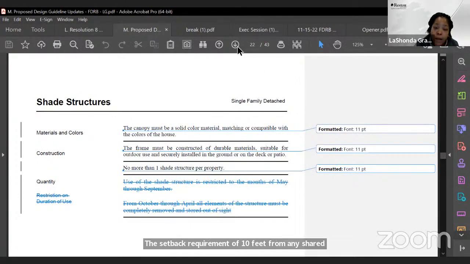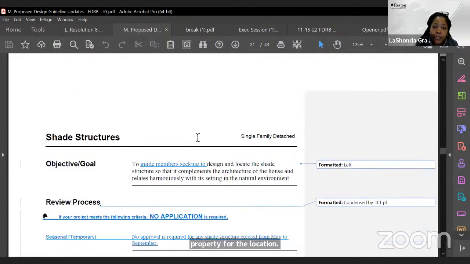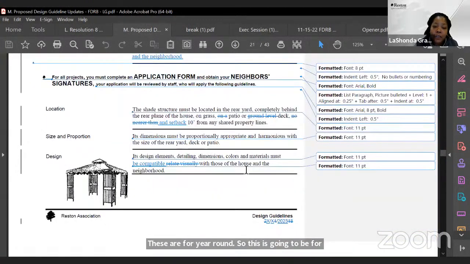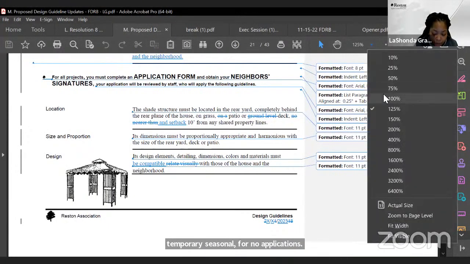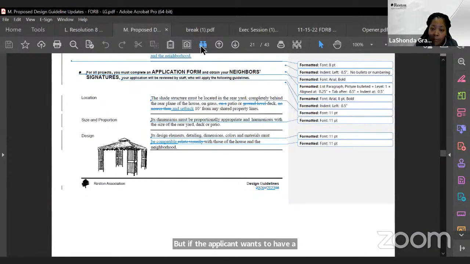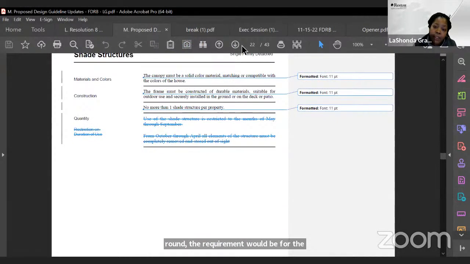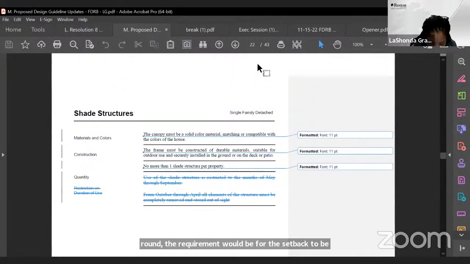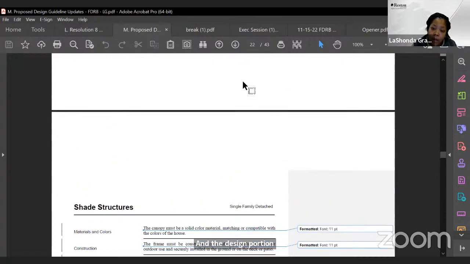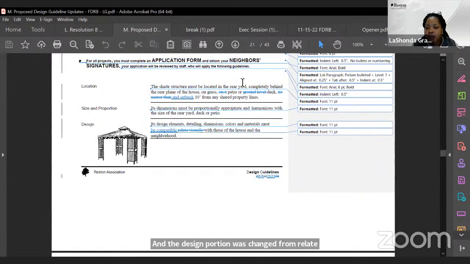These are for year round. So this is going to be for temporary seasonal for no applications, but if the applicant wants to have a structure up year round, the requirement would be for the setback to be 10 feet from any shared property line. And the design portion was changed from relate visually to be compatible with those of the house.